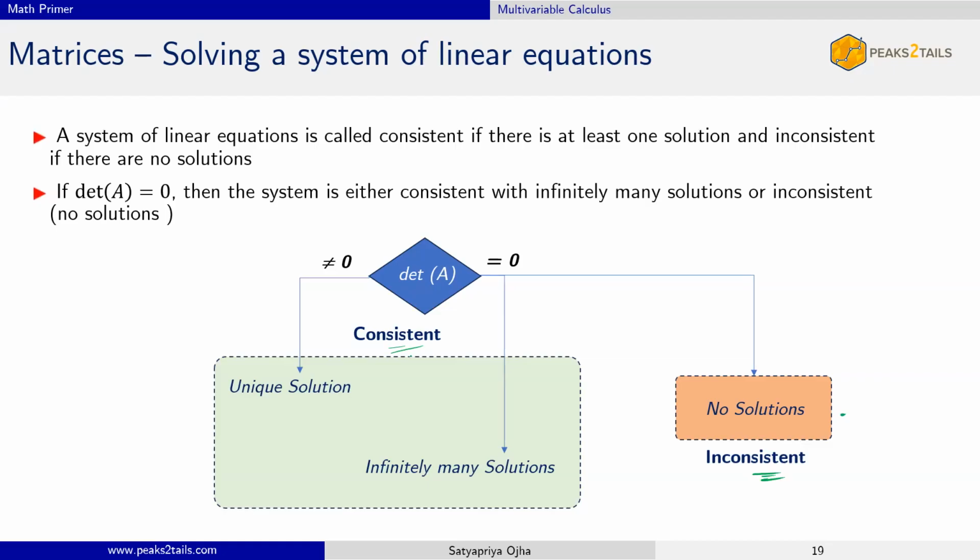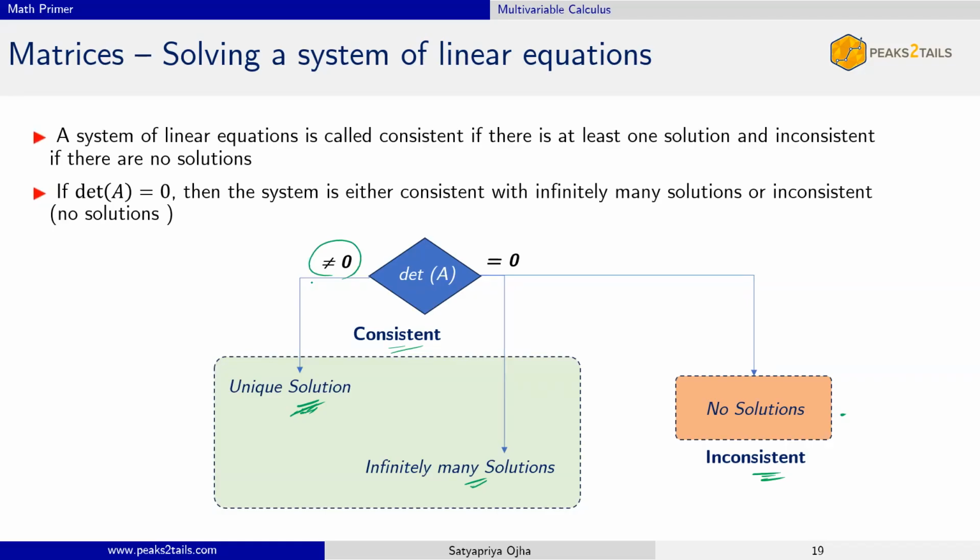Now, within consistent, there are two possibilities: a unique solution or infinitely many solutions. Both are within consistent. Remember, at least one solution means consistent. You will have a unique solution if the determinant is non-zero.